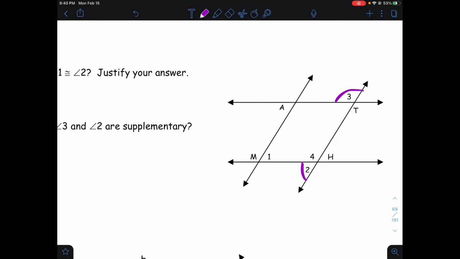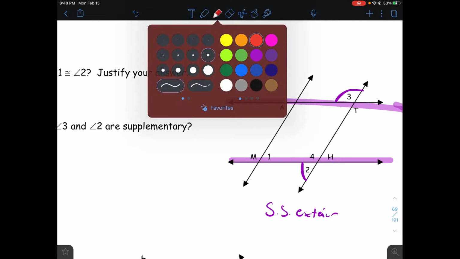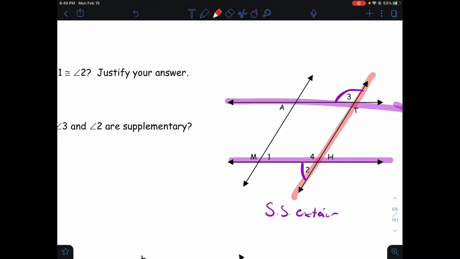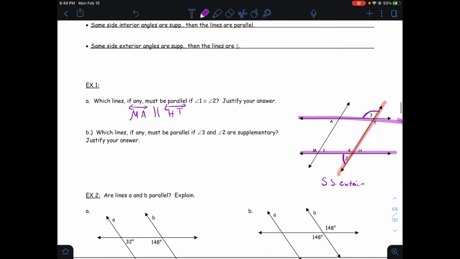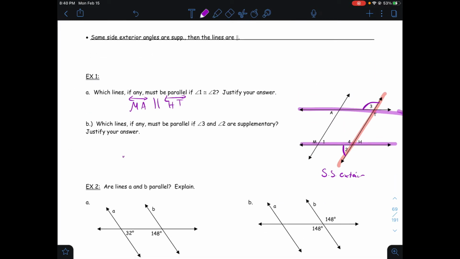If you look at your note sheet, same side exterior angles are supplementary if you have parallel lines, right? And if we look, that would make these lines parallel because then this guy is the transversal. All right? So that would make AT parallel to MH.